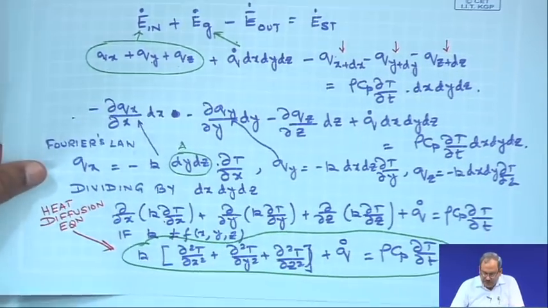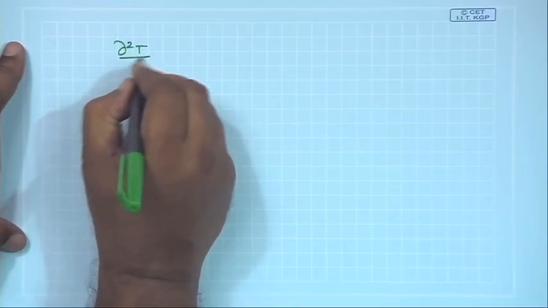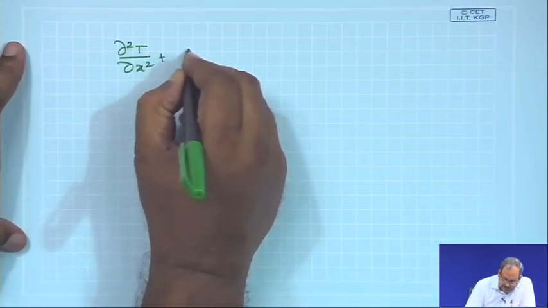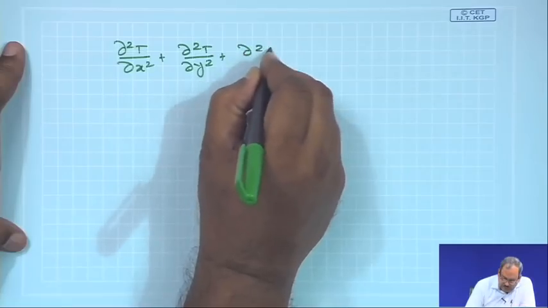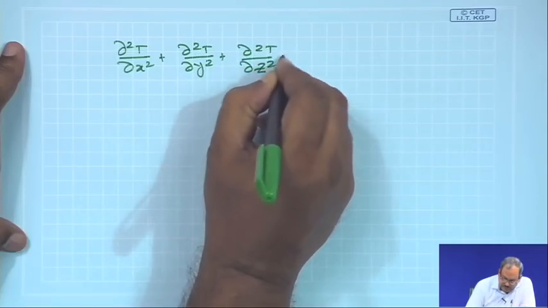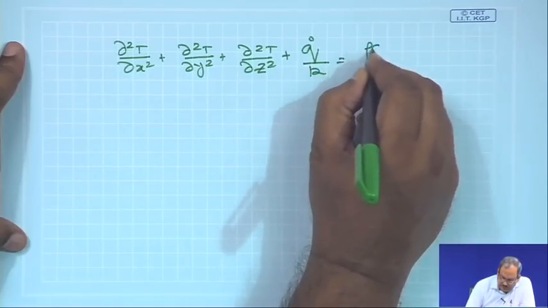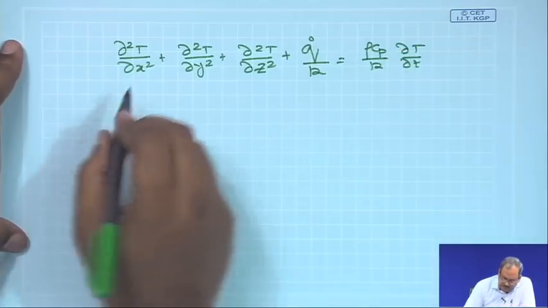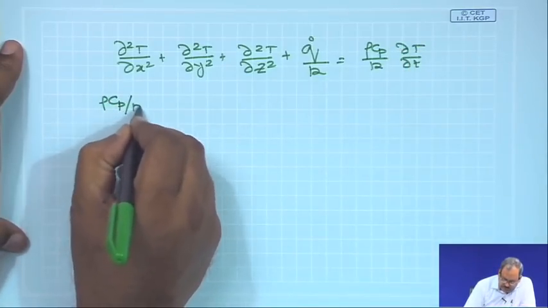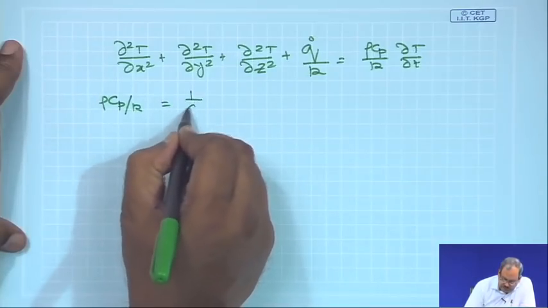A slight rearrangement gives a form of this equation, which is there in the textbook, del 2 T by del x square plus ... this term rho Cp by k, or rather the inverse of this term is called alpha.